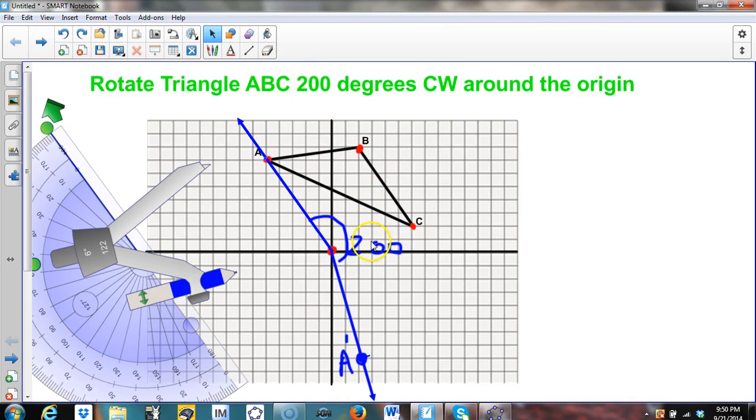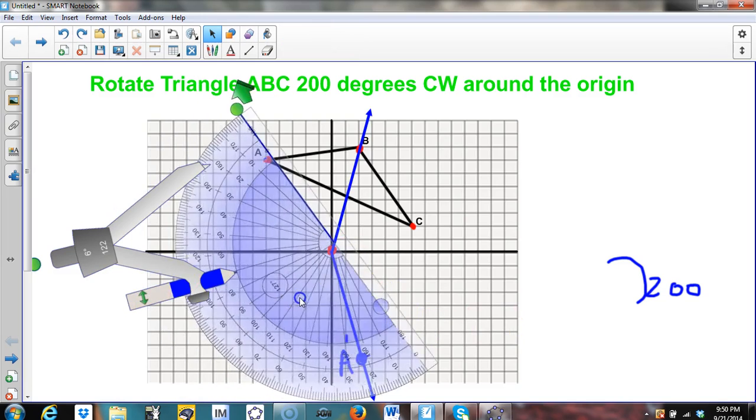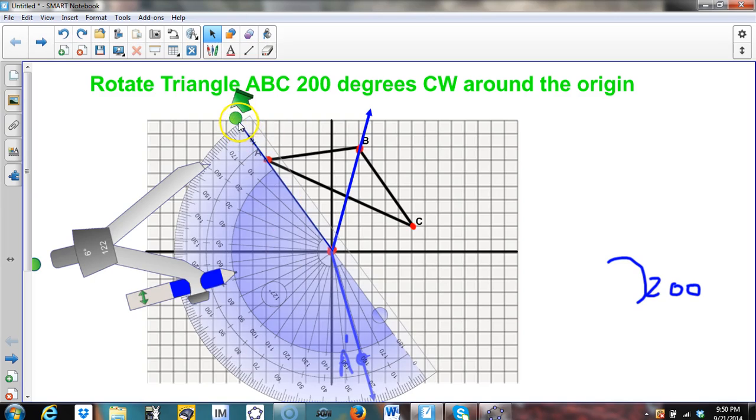Okay, so now what we need to do is the exact same thing for both points B and C. So with your pencil, draw another ray that goes from the origin through B, because we're going to show the angle that B is going to rotate. Now I'm going to grab my protractor and measure that opposite angle. Even though we're going 200 degrees clockwise, remember if we measure 160 degrees counterclockwise, that'll get us to the same point.